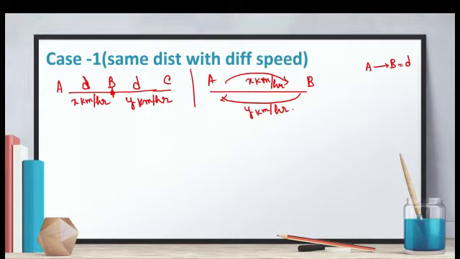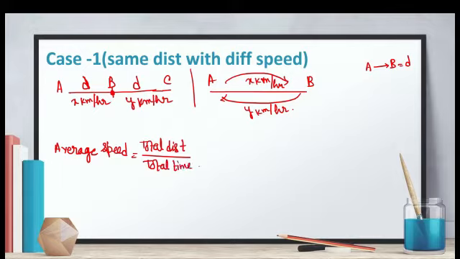Okay. So now we have to calculate average speed. We know average speed equals total distance upon total time. Here speed is given. How can we calculate total time?